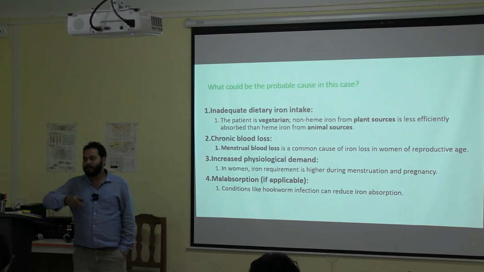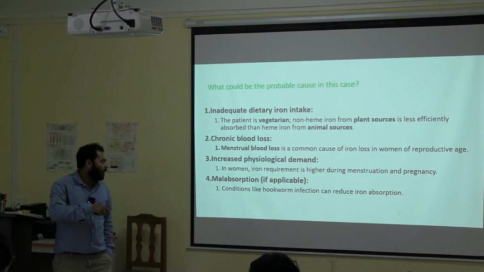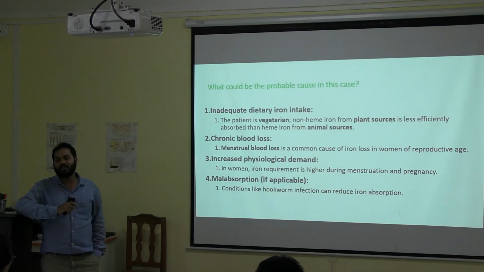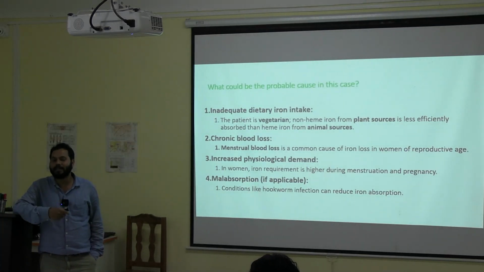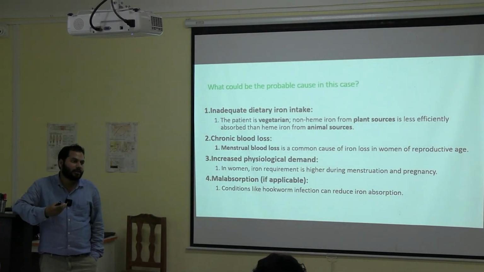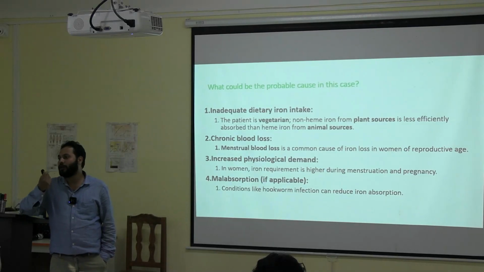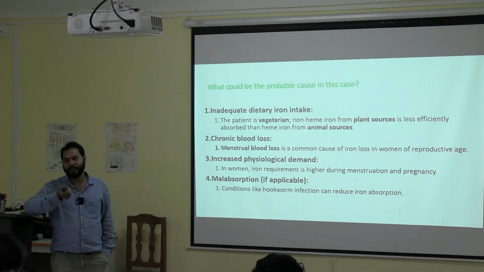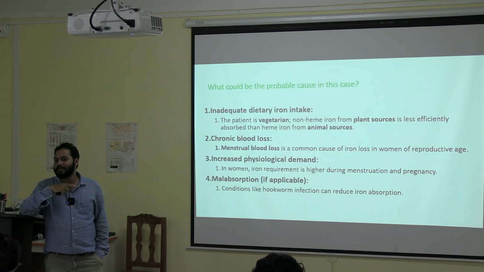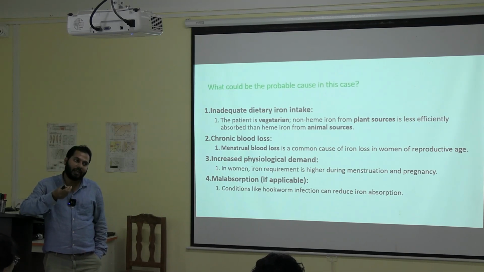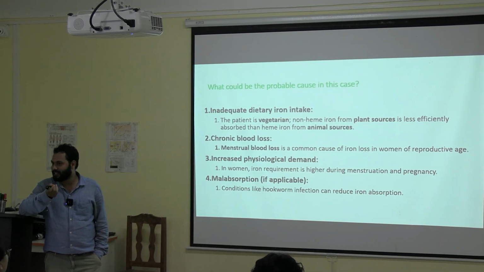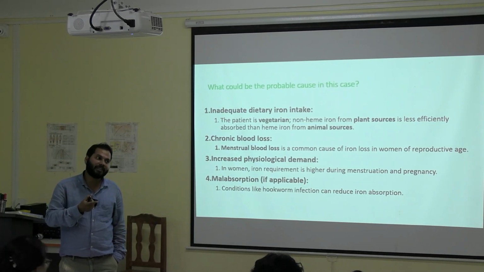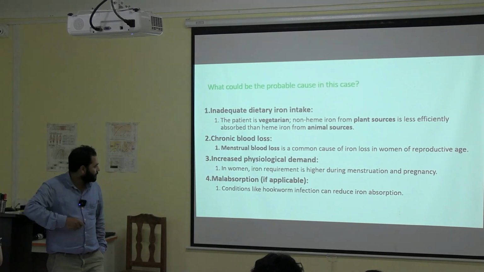During that particular phase, or during pregnancy or reproductive age, the requirement of that micronutrient is very high. But here, though the demand is very high, the supply is not sufficient. That is again another important point for the development of anemia.